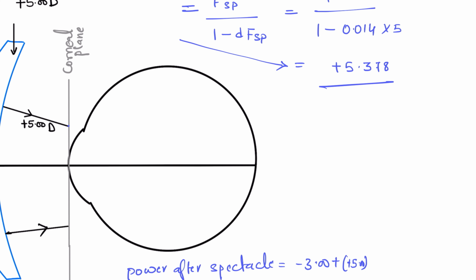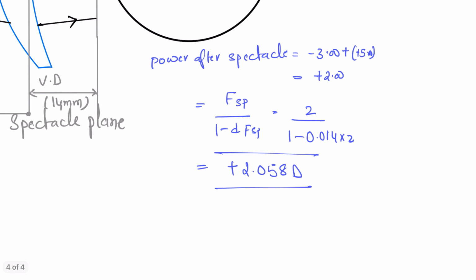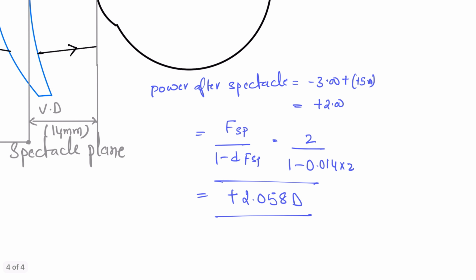Now we have two values. When the light is coming from infinity, the corneal plane power is plus 5.378 diopters. And another one which we have is when the patient is viewing an object which is 33.33 centimeters away, the amount of power at the corneal plane will be equal to 2.058.